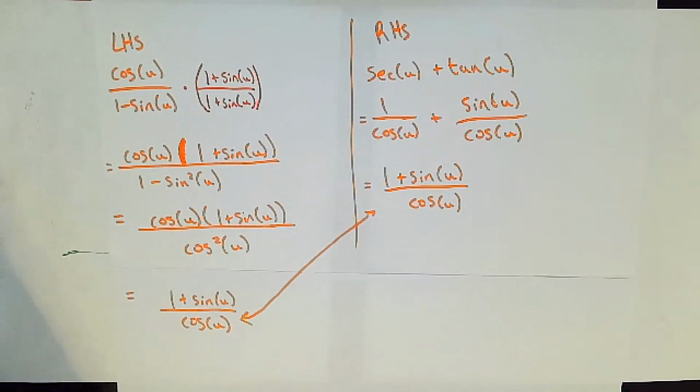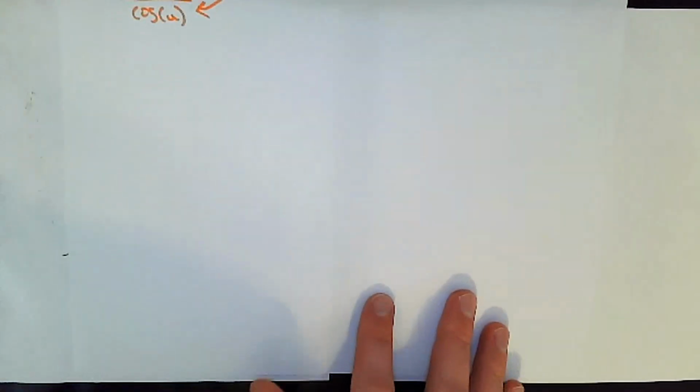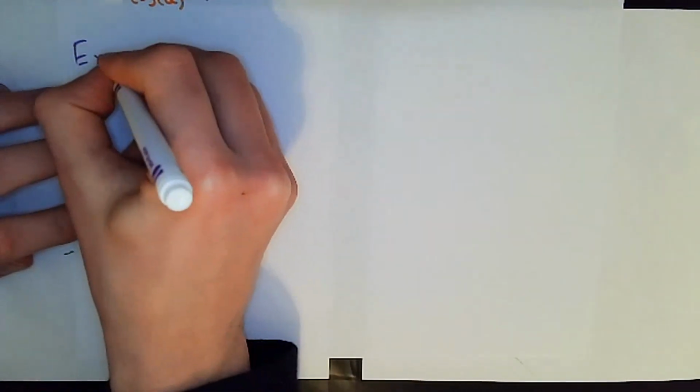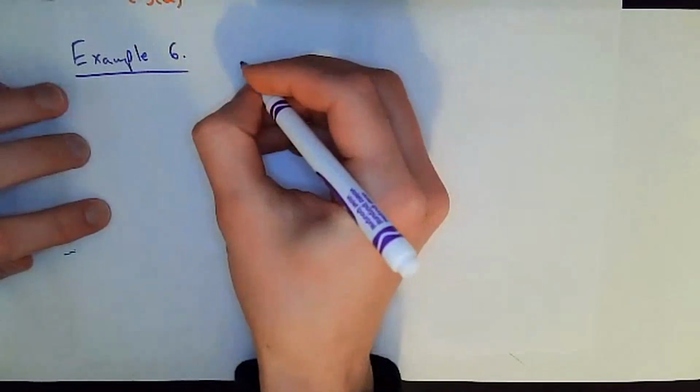Okay, two more examples, and that'll be it for section 7.1. So example 6, just another verification, practicing using these identities and algebra techniques.